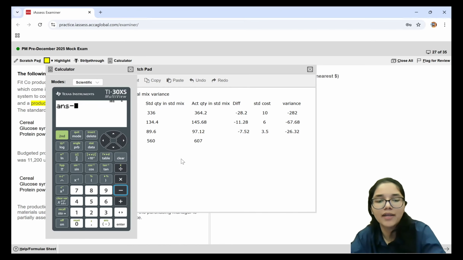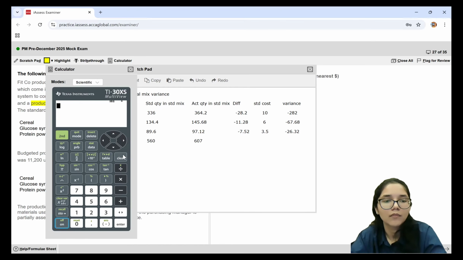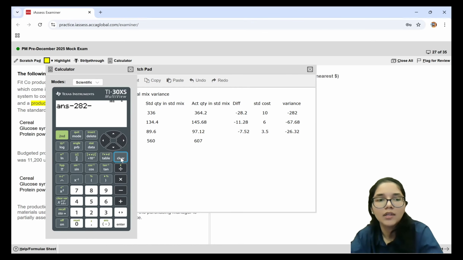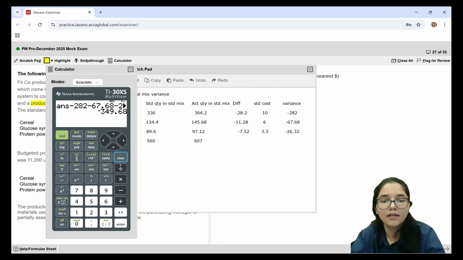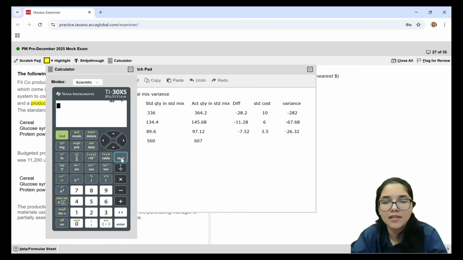So this is how you will arrive at all of the individual figures, and now you can add all of them together. So this will be negative 282, negative 67.68, negative 26.32. Hit enter, and this is how you will be arriving at your final answer.